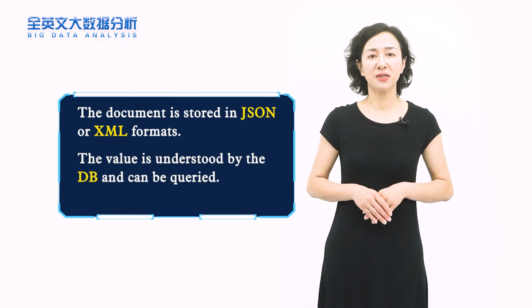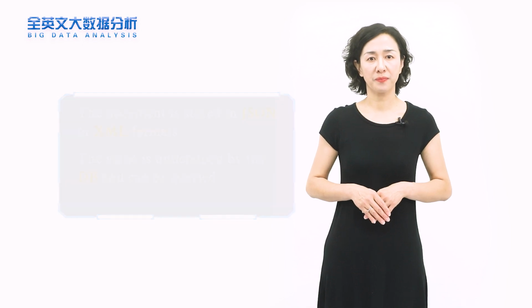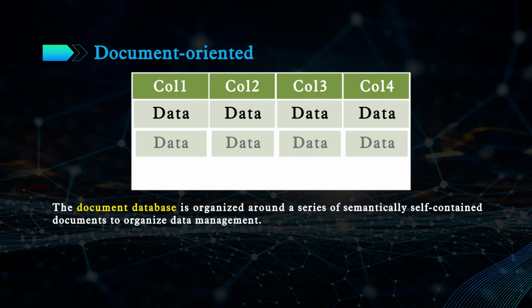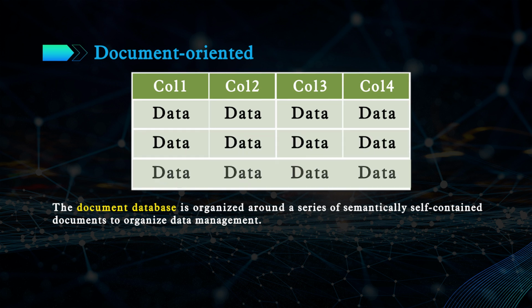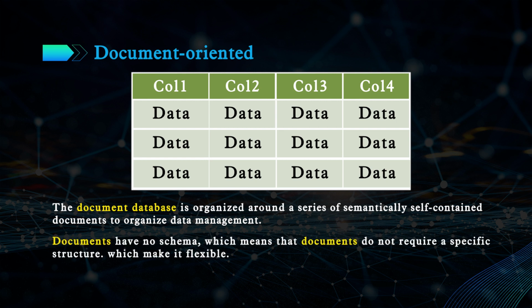The value is understood by the database and can be queried. The document database is organized around a series of semantically self-contained documents to organize data management. Documents have no schema, which means that documents do not require a specific structure, which makes it flexible.